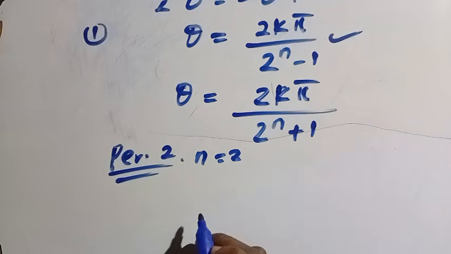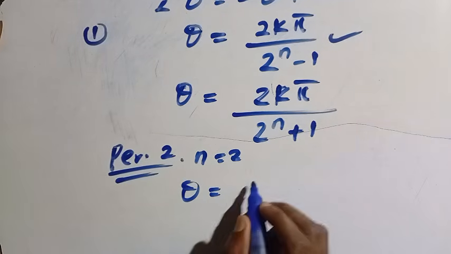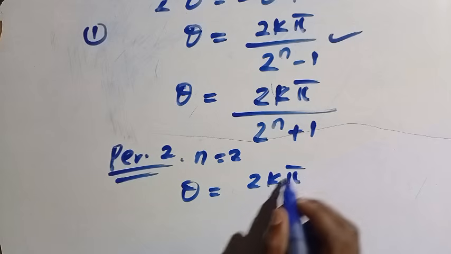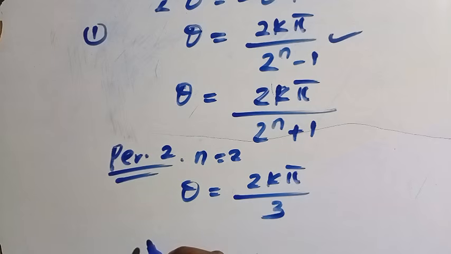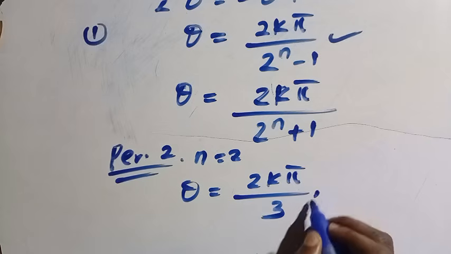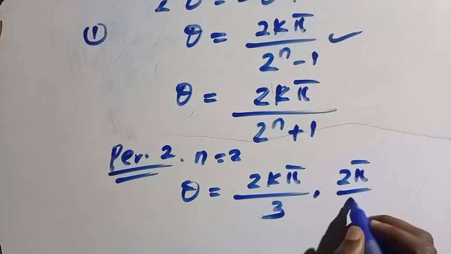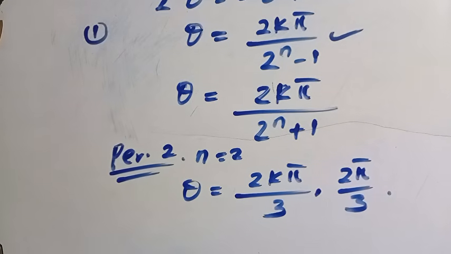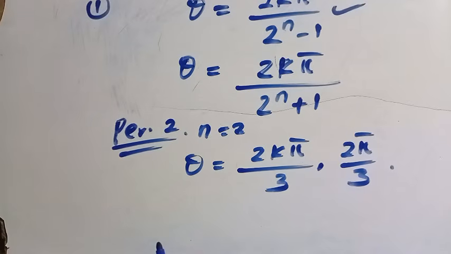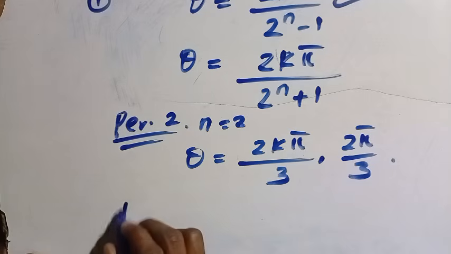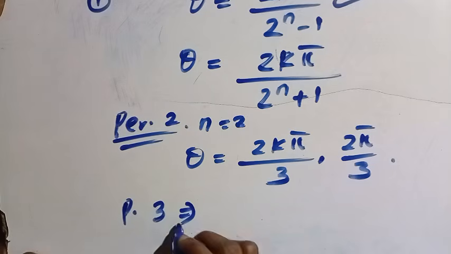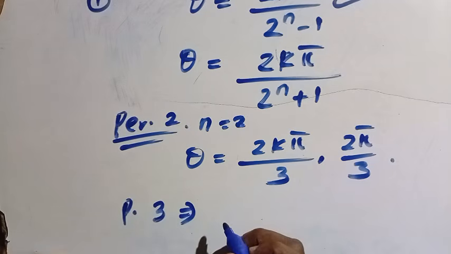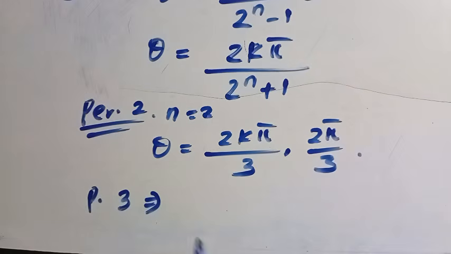If n equals 2, from the first one we have theta equals 2k pi divided by 3. If I set k equal to 1, we have 2 pi divided by 3. If we check another one, let's say for period 3, that is when n equals 3.